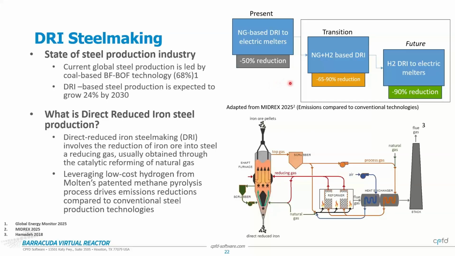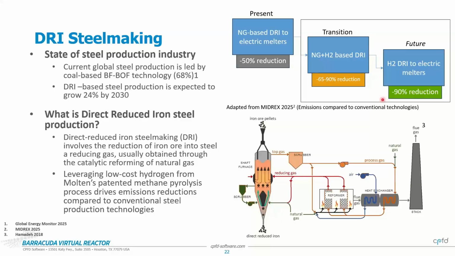However, further replacement of that reducing gas feed with hydrogen can get us up to around a 90% reduction, according to Midrex data. So this is something that really can be leveraged in order to lower emissions in this industry. And so this collaboration comes in.